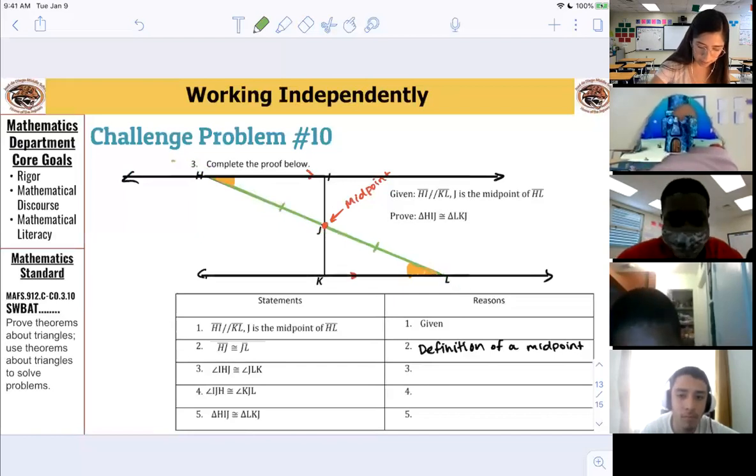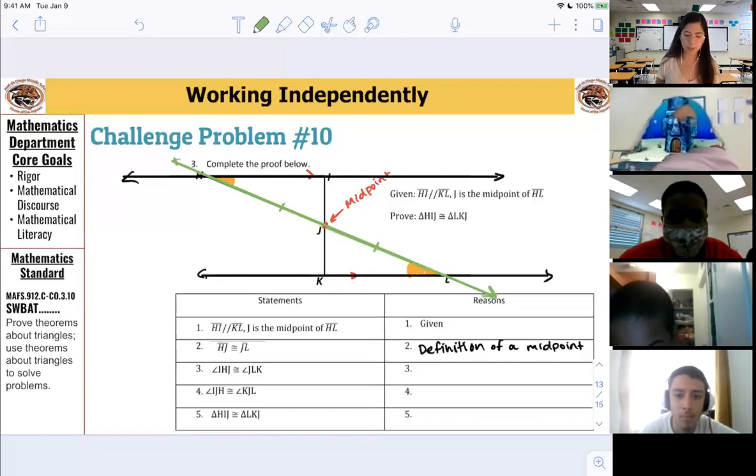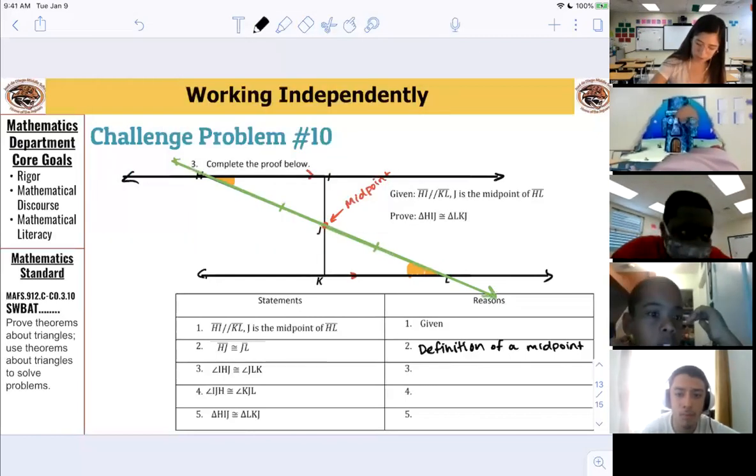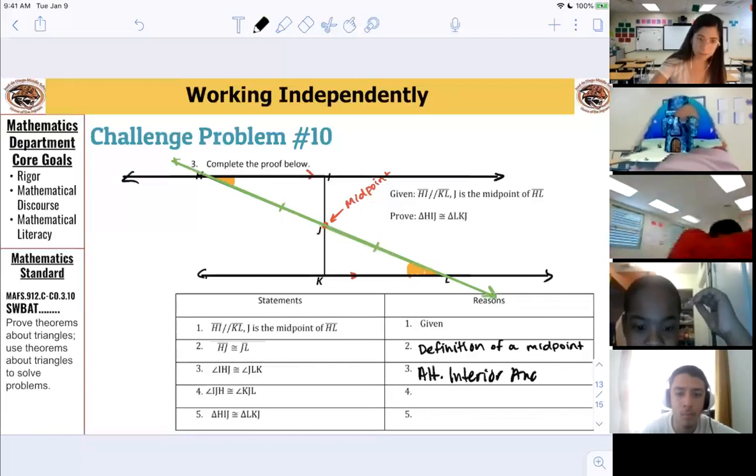A parallel line being cut by a transversal, exactly. And so what does that make those two orange angles to one another? What's their relationship? Oh, alternate interior. Alternate interior. So there you go. That is my alternate interior angles theorem.